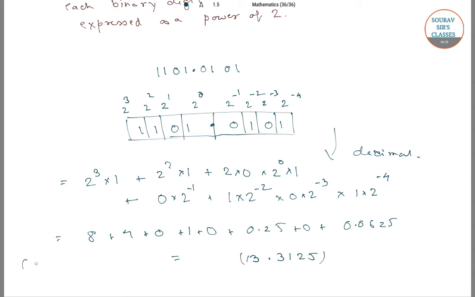So 1101.0101 base 2 is equal to 13.3125 base 10.